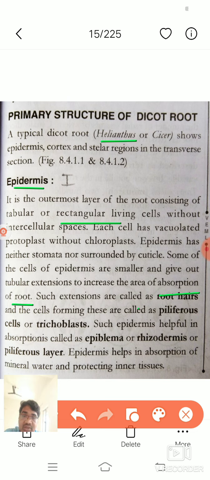In this epidermis, you have to remember the root hairs and filiferous cells or trichoblasts. So the main purpose of the epidermis is protecting inner tissues and absorption of water from the soil. This is the main function and structure of the epidermis in the dicot root.